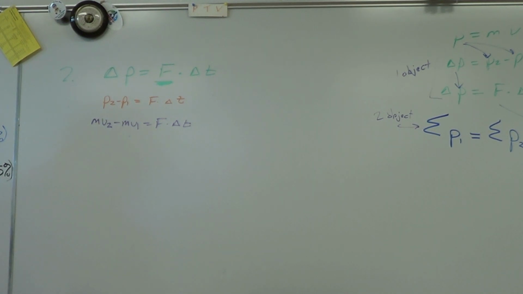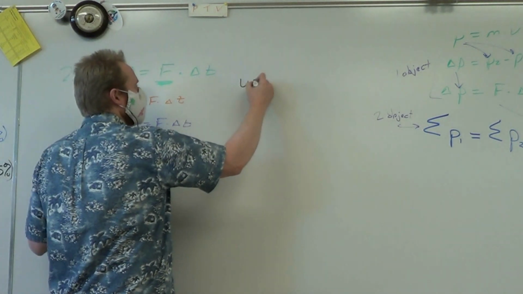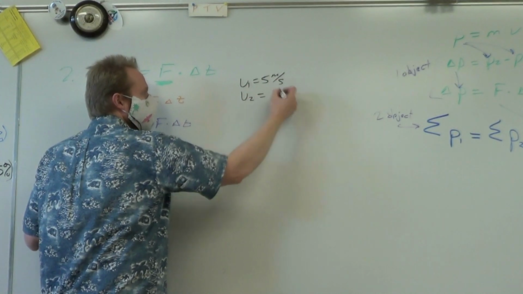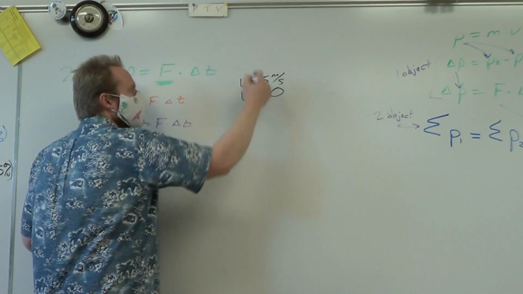So is that 5 meters per second your V1 or your V2? V1. And what's your V2? We just said V1 was 5. What's V2? 0, because it stopped, right?